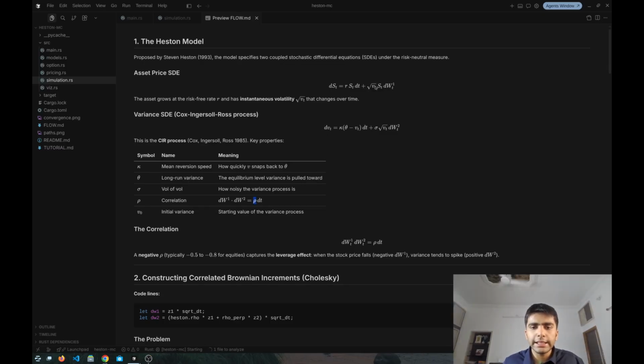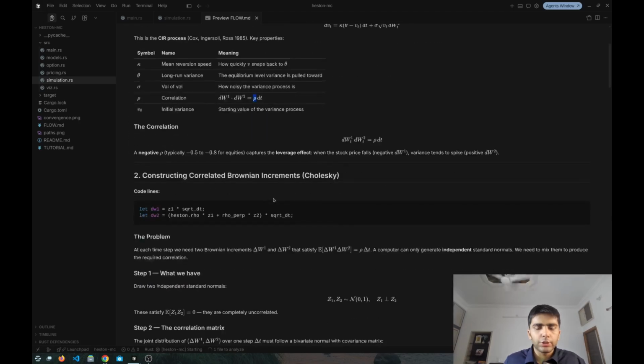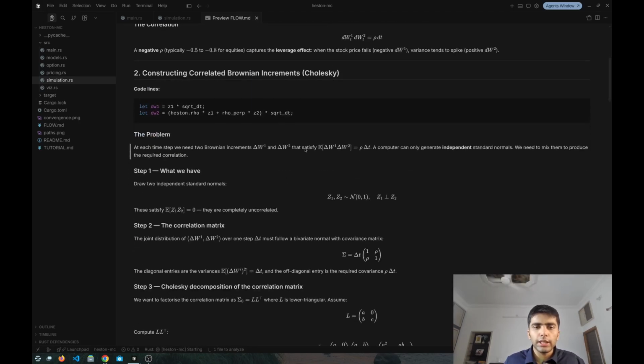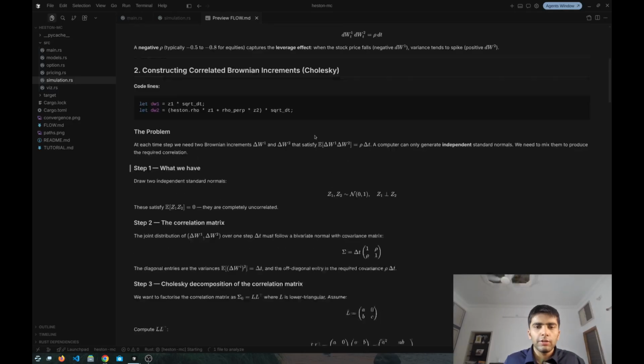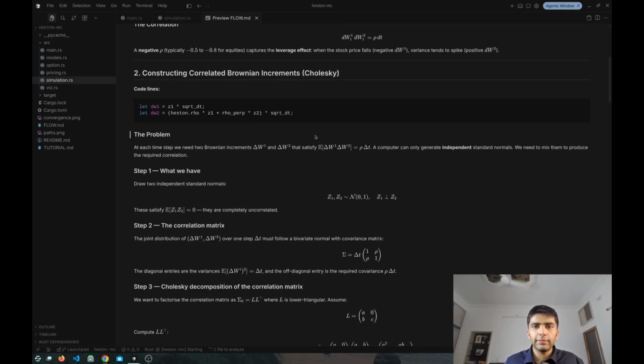Now to discretize these two stochastic differential equations, we first need to introduce correlation between these two Brownian motions, W1 and W2. As you know, in the Heston model, these two Brownian motions have a correlation of rho. To do that, we use something called Cholesky decomposition, which basically converts any two independent random variables or independent distributions into correlated variables or distributions, such that they have a covariance structure.